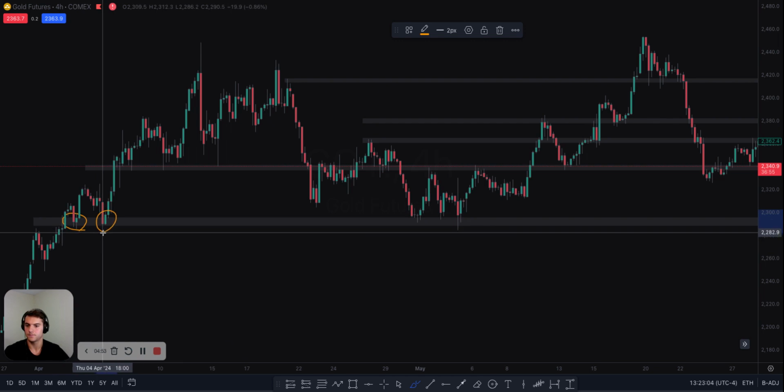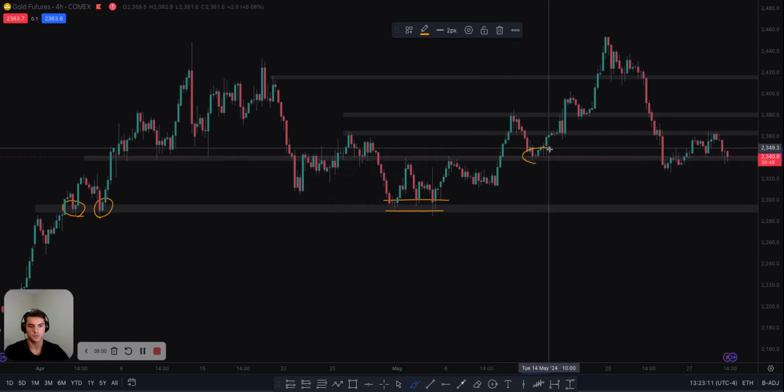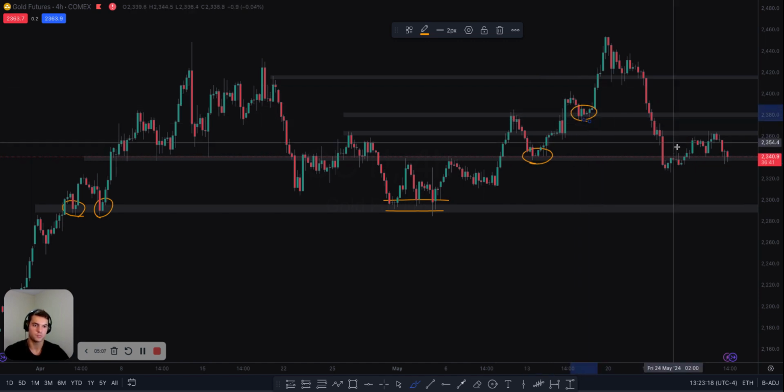Support. This is a very strong level of support over here, right? Every time price bounces from a downtrend and moves up.